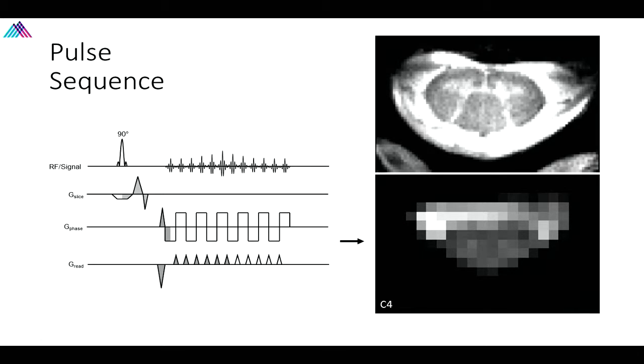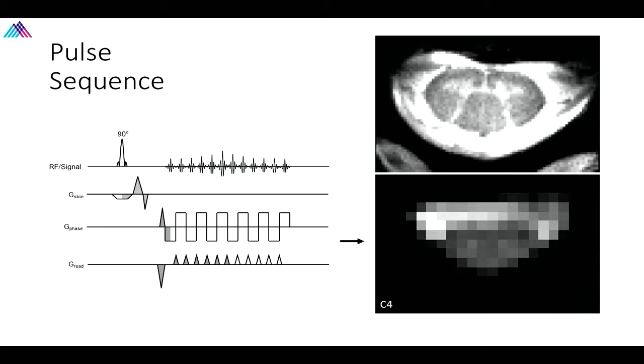So we need higher resolution in EPI to perform fMRI in the spinal cord. And we accomplish this by moving to ultra-high field, to 7T, and also by using a specialized custom-built brainstem and spinal cord radiofrequency coil.